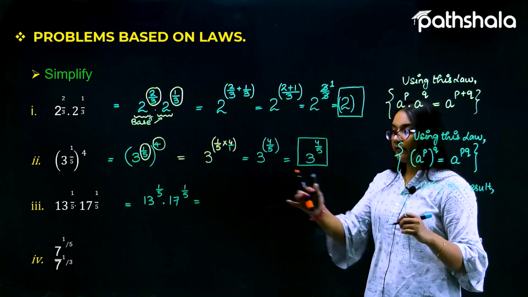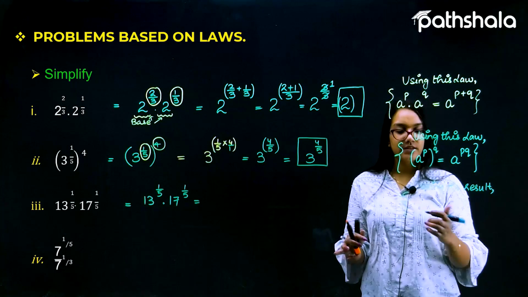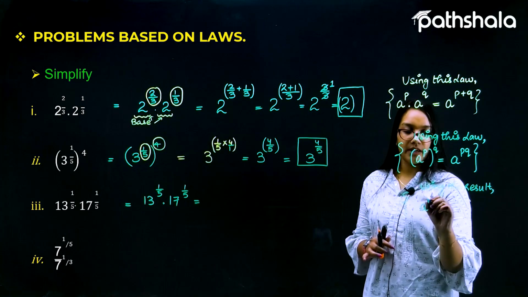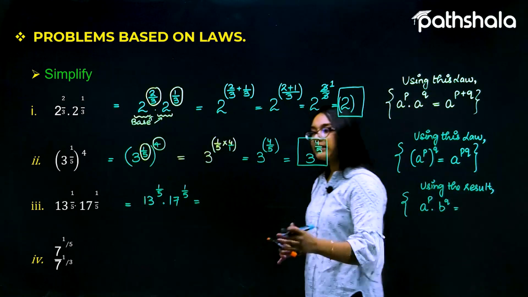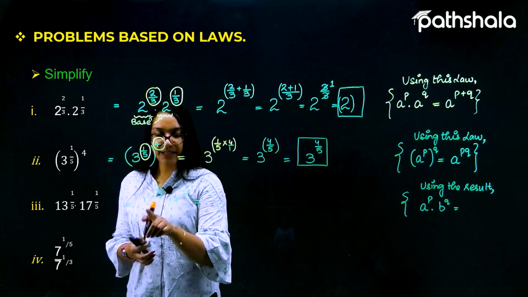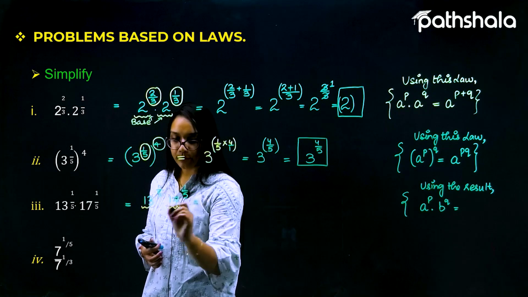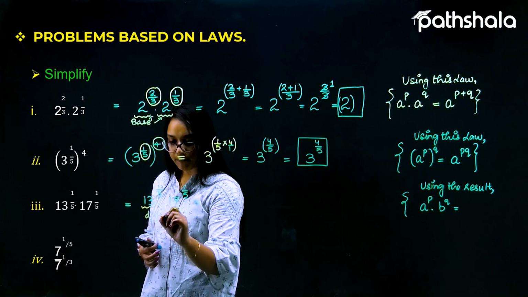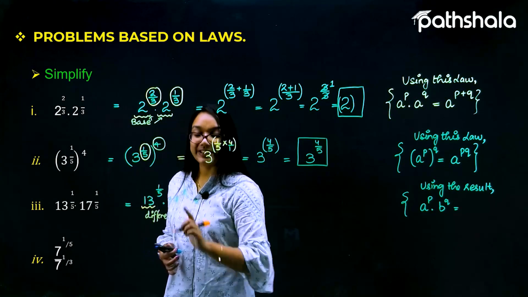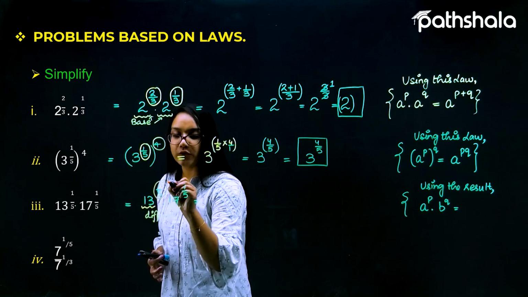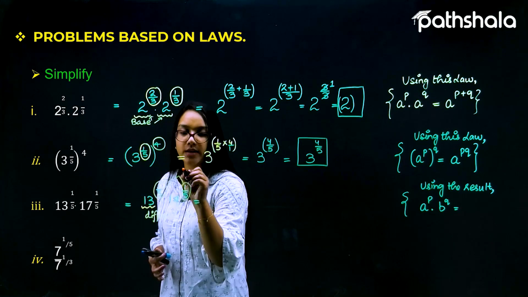What was the result? Whenever we have different bases, we have the result as a raised to the power p multiplied with b raised to the power q. As we know that the bases are different but the powers are same. In the first base we have 13 and in the second base we have 17, but the powers, or the exponents, of both of them are same.